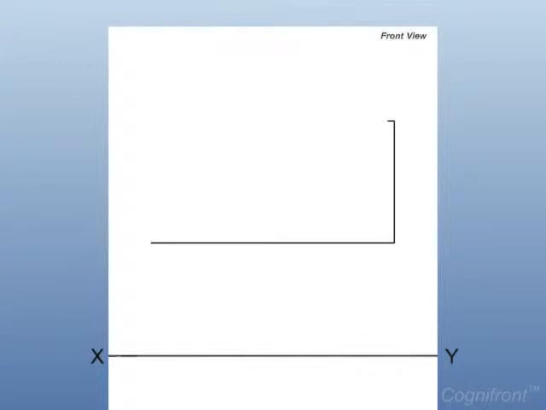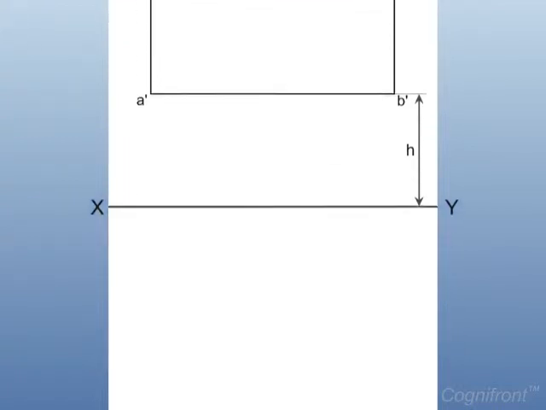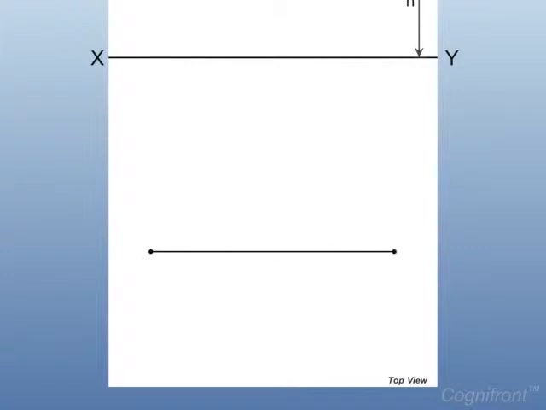Then draw a rectangle A', B', C', D' of the same size as ABCD above the line XY on VP at a height of H units. This is the front view. Then draw a horizontal line DACB at a distance of D units below and parallel to line XY, which is the top view.